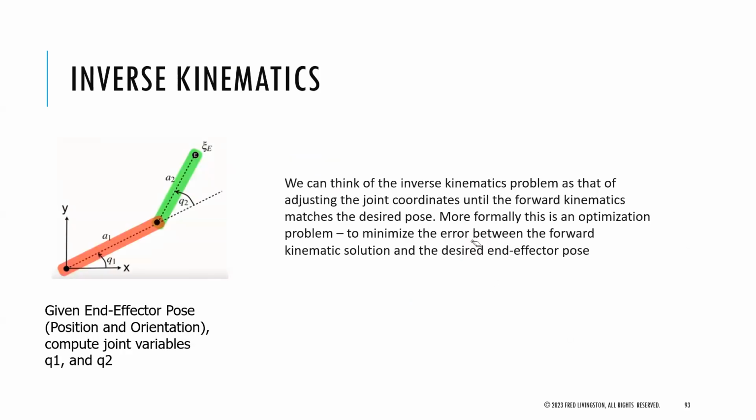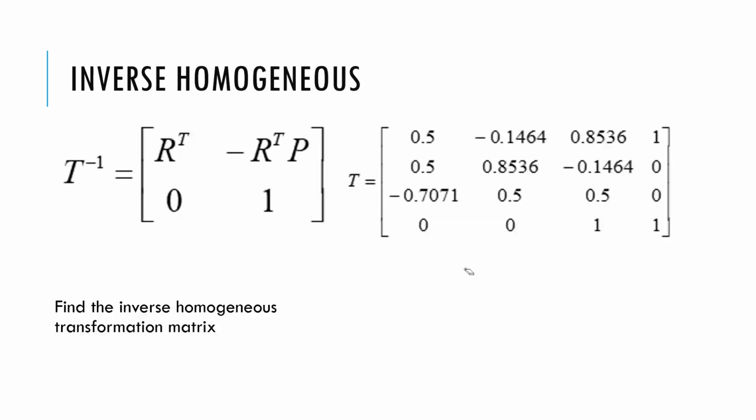But you use a bunch of different methods to do inverse kinematics, and one I did in the class was optimization, minimizing the error between where you want to go. But you can also just use the inverse homogeneous. Once you have the 4x4, you can invert. This is an example from a homework I did a long time ago. Given this T matrix, what's the inverse of that T matrix?